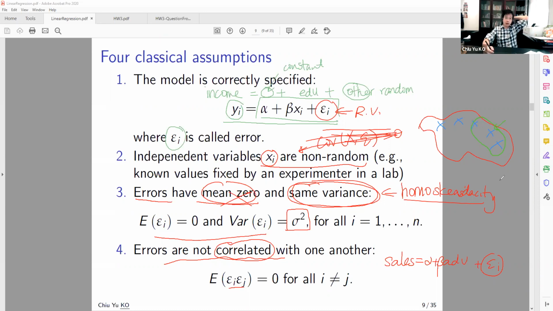Also when you look at housing price data, if there's a new building built there and a new flat being sold, that will depress or promote the price nearby. So that will be this unmodeled element. You need to assume they are not correlated.